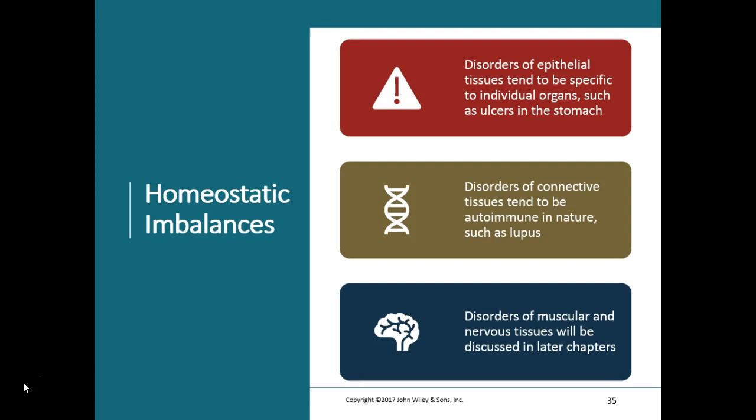Because connective tissue is one of the most abundant and widely distributed tissues, a lot of these immune disorders are related to multiple body systems because multiple tissues are affected by that. Some of the common diseases of muscular tissue or nervous tissue we'll look at when we look at those specific tissues later on in the semester.